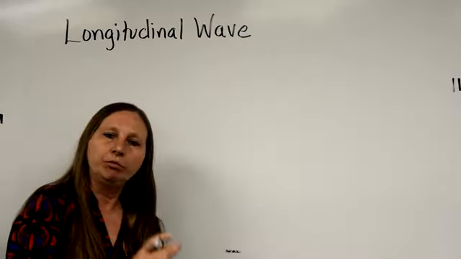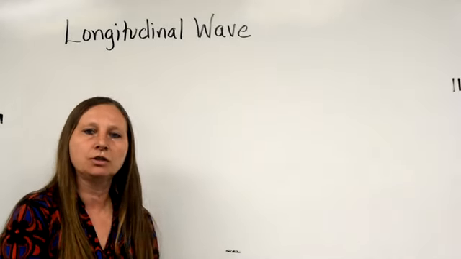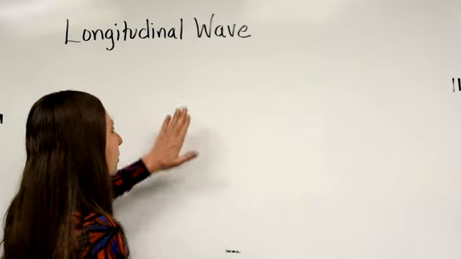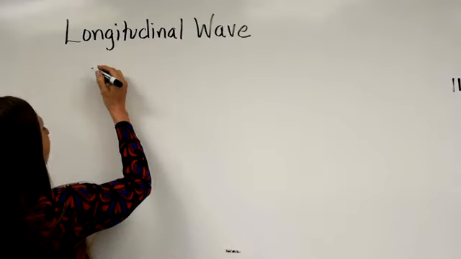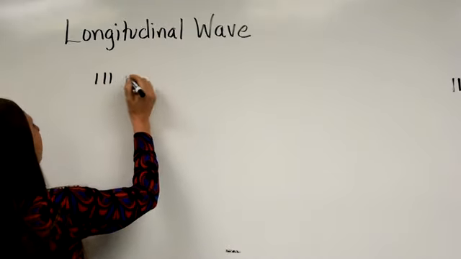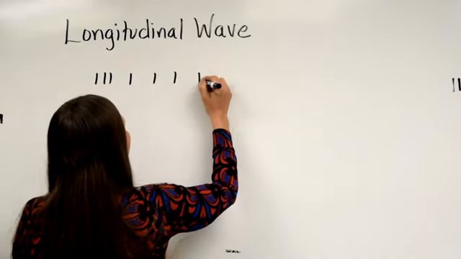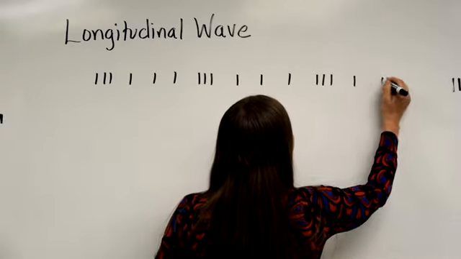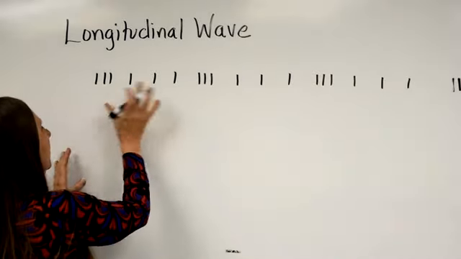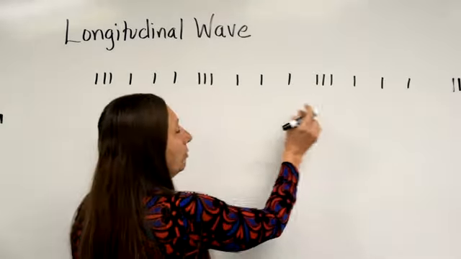So they have compressions and rarefactions. If you're going to draw a sound wave, one way to draw it would be like this: compression, rarefaction, compression, rarefaction, compression, rarefaction. In other words, they're close together, far apart, close together, far apart, all right?